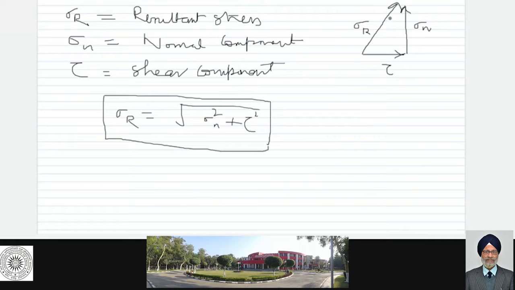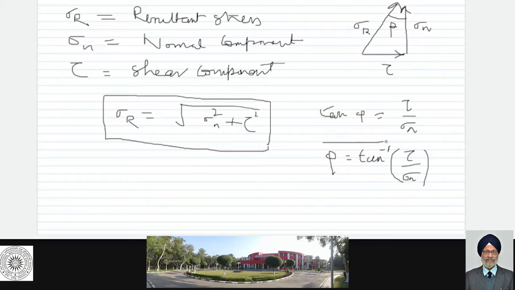If the resultant makes an angle phi with the normal component, then from here we can write tangent of phi is equal to tau upon sigma n. So therefore phi will be equal to tangent inverse of tau upon sigma n.